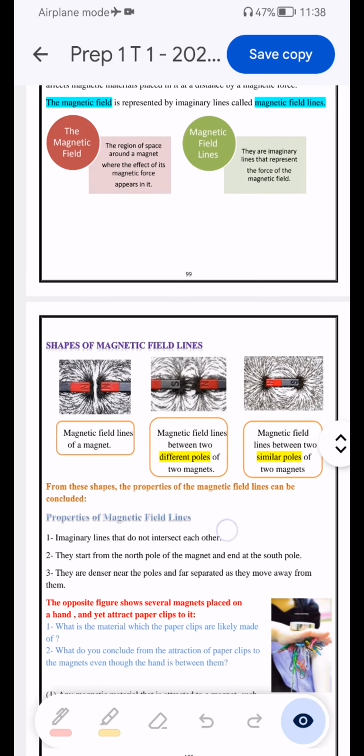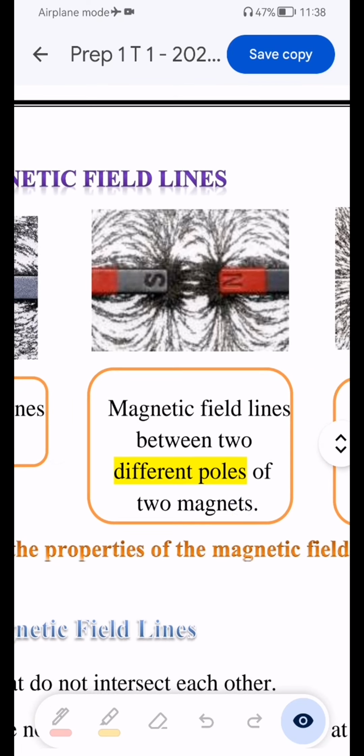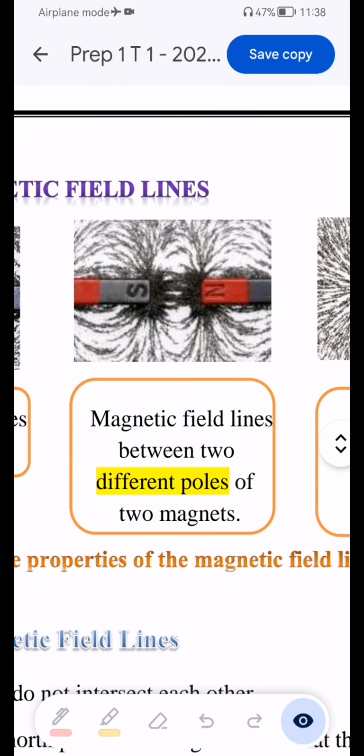Look at these figures. If we have 2 magnets, a north pole and a south pole, close together, what can you observe? The magnetic field lines go from the north pole to the south pole, okay?